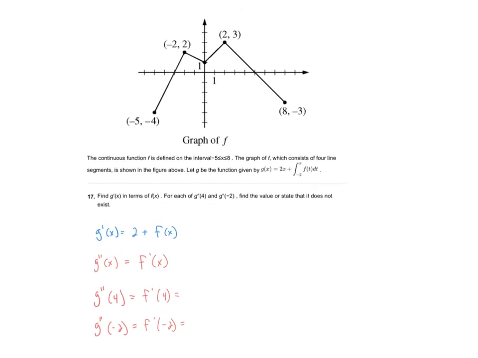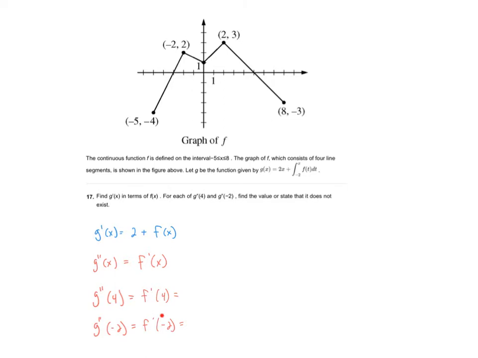So we'll really be using f to evaluate these. This is asking for the slope of the tangent line of f when x equals 4. When x equals 4, they want the slope of the tangent line, which is really just the slope of this line. So you just do the slope formula.